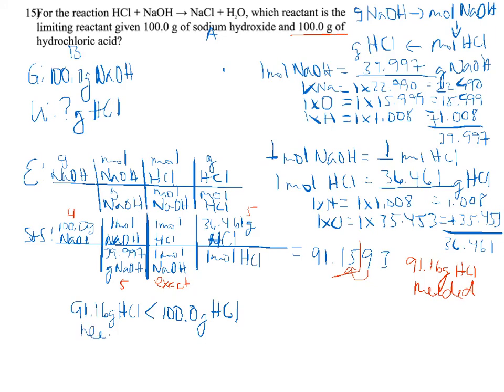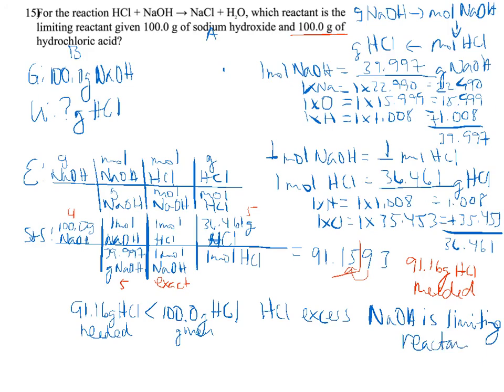So if needed is less than the given, then that means it's in excess. So our hydrochloric acid is in excess, which means the sodium hydroxide is the limiting reactant. And that's what it asks us for.